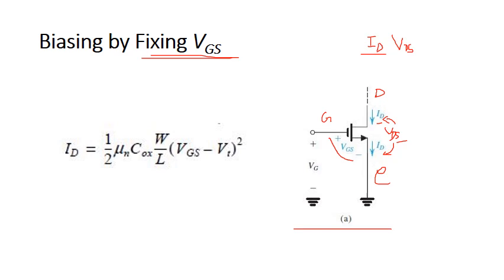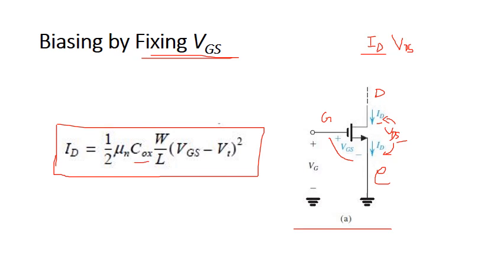In this case, the ID current equation is given by this. In this equation, the oxide capacitance, W by L ratio, and the threshold voltage Vt change from transistor to transistor.